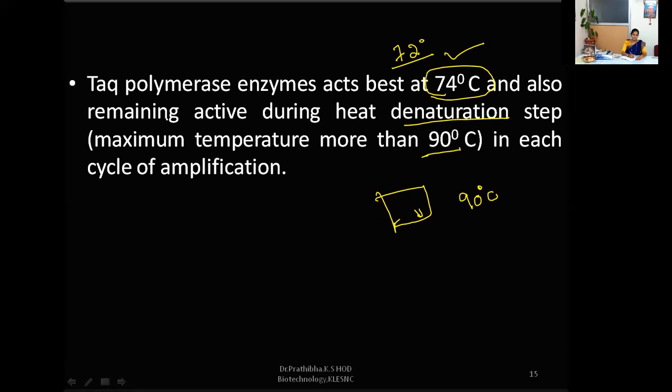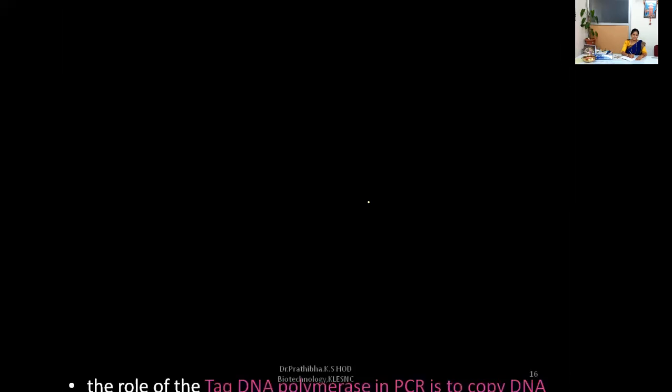At that time, this Taq DNA polymerase can withstand the high temperature. That's why the Taq DNA polymerase is described as thermostable, and that's why this PCR machine is also known as a thermal cycler.